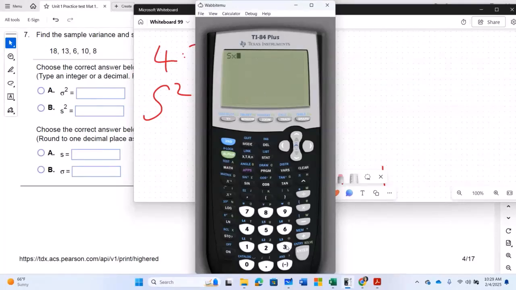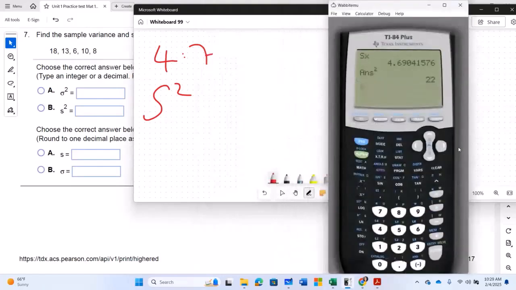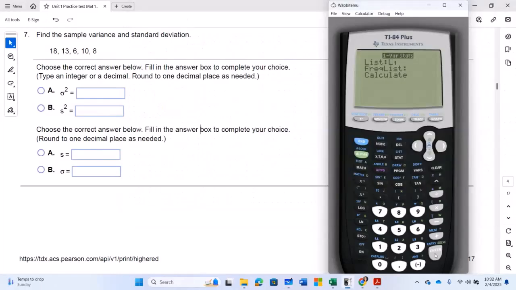When I square it, if I hit enter, it gives me the 9-digit standard deviation, so I know that I'm not truncating it. Then I square it, I have 22. Therefore, the variance of the sample data in number 7 is 22, because I put the data in L1.